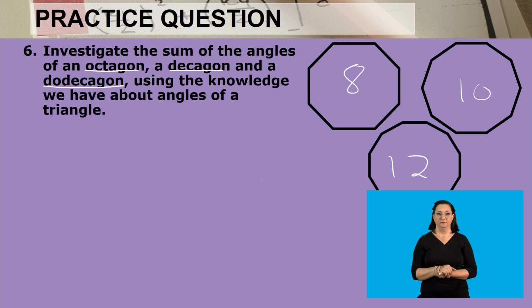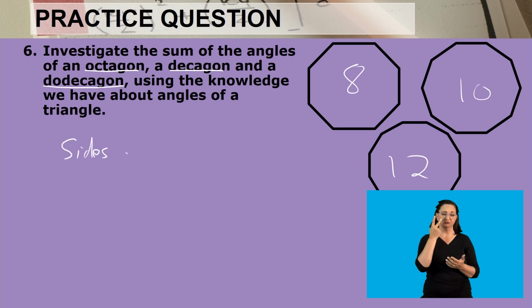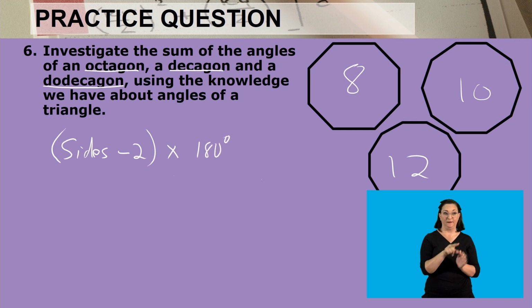So how do we write that in shorthand so that we understand it? It would be the sides minus 2. That's what we've noticed, that we seem to be 2 less, and then multiplied by 180. So let's use that and see.